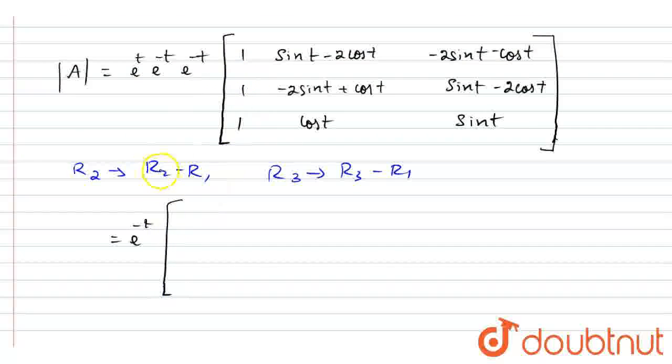Here, the first row comes as it is: 1, sin t minus 2 cos t, and minus 2 sin t minus cos t. Now I am going to do R2 minus R1, so 1 minus 1 equal to 0. Here minus 2 sin t plus cos 2t. Sorry students, this one is minus here because we are going to take minus t here.